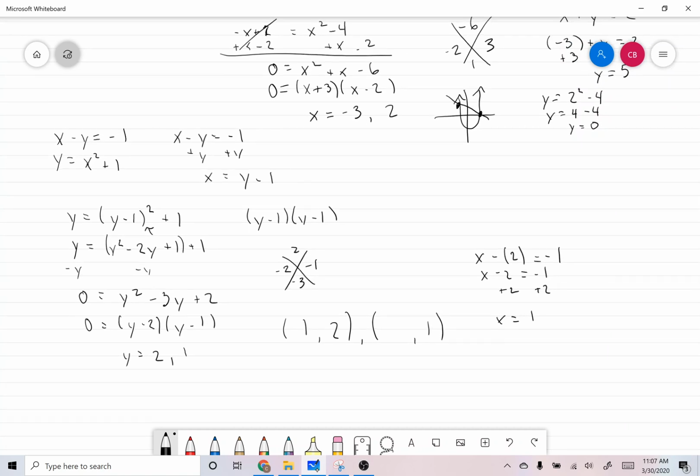And if we do it one more time, we have x minus 1 is negative 1. We add the 1 to both sides. x is equal to 0, and we get that solution.